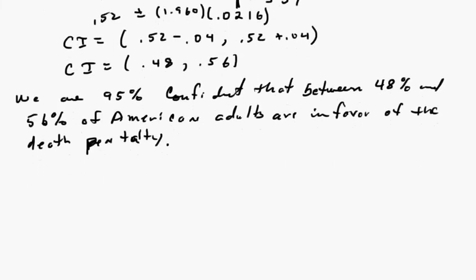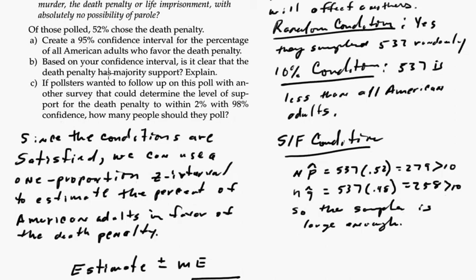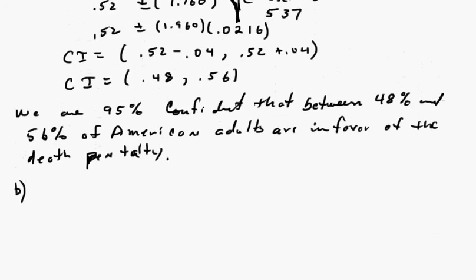Now for A. For B, they wanted to know, based on your confidence interval, is it clear that the death penalty has a majority? Well, it's not clear because it could be 48. There's a chance it could be 48.